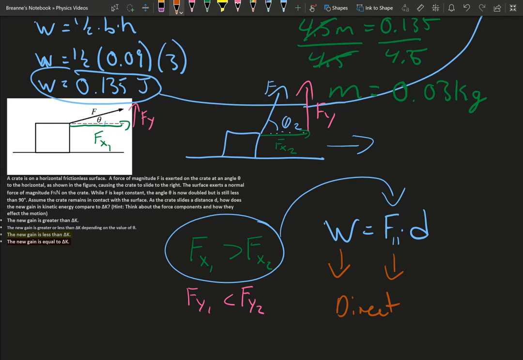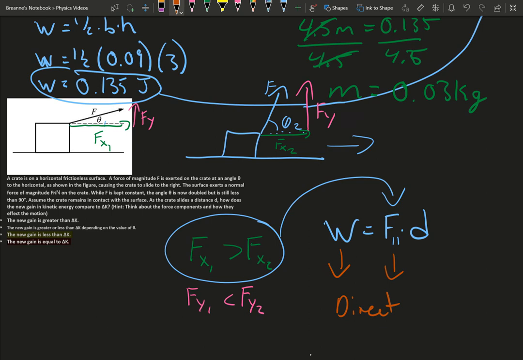So it says, as the crate slides a distance d, how does the new gain in kinetic energy compare to the change in kinetic energy? Think about the force components and how they affect the motion. So we already talked about the force components and how they affect the motion.